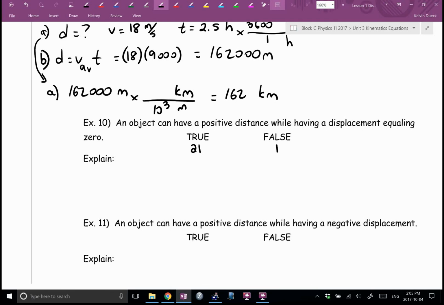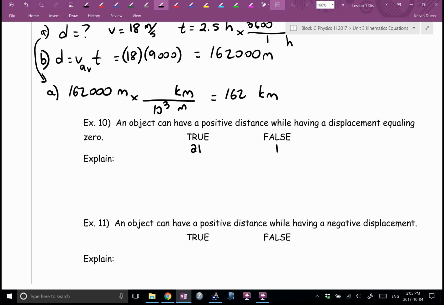Let's walk through his argument. So, 1, 2, 3, 4, 5, 6. What's my distance? 6. What's my displacement? Now, if distance was a vector, and if I counted that as negative, you'd be right. If distance is a scalar, we do not count backwards as negative.